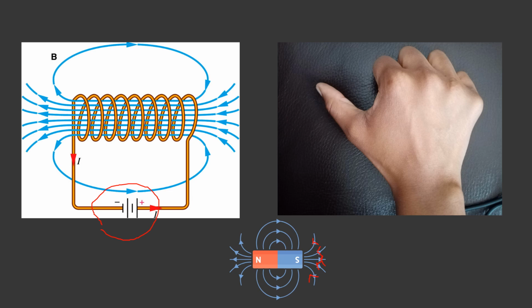So you have a battery, so this would be the negative terminal of your battery. Over there, this would be the positive terminal of your battery. So your current will be flowing in this direction, the direction of the conventional current. Then it goes here.